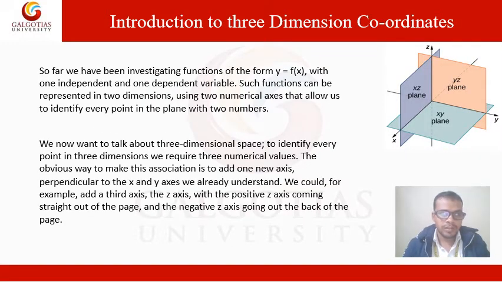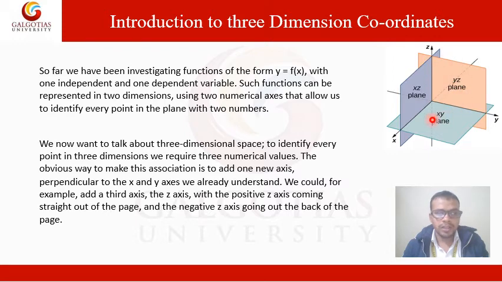Let us discuss the three-dimensional coordinate system. How can we understand it as planes? If you have axes like the x-axis, y-axis and z-axis respectively, the plane comprising the y and z axes gives you the yz plane.